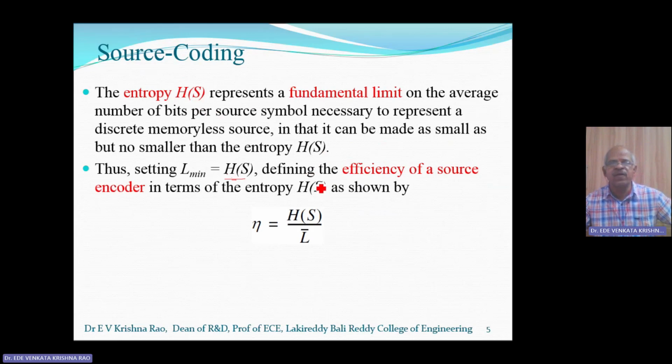H(S) is the sum over all k equal to 0 to k minus 1 of pk times log base 2 of 1 by pk, where log base 2 of 1 by pk is the information.